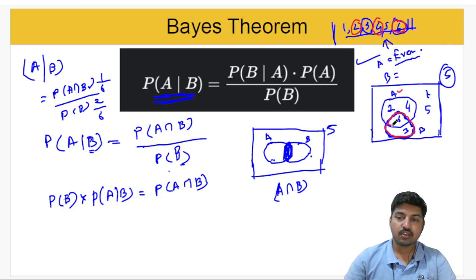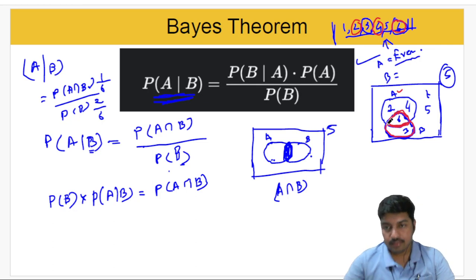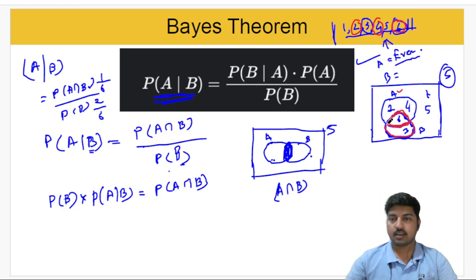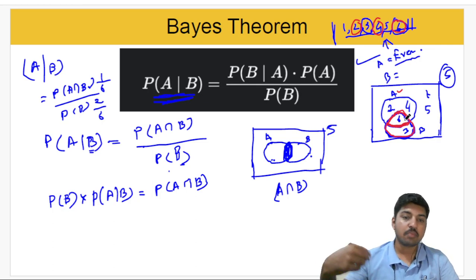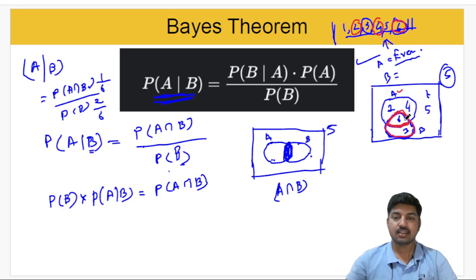Only if the die rolls to 6. At that time both will happen. So it is not 1 by 6, it is 1 by 2 only, because event B has already happened.